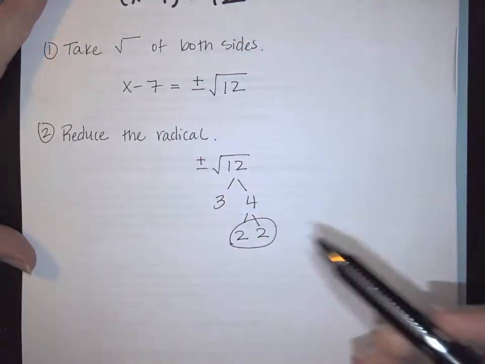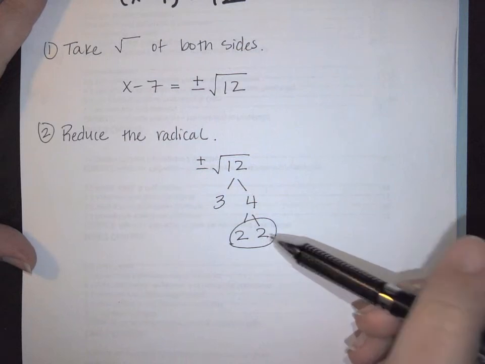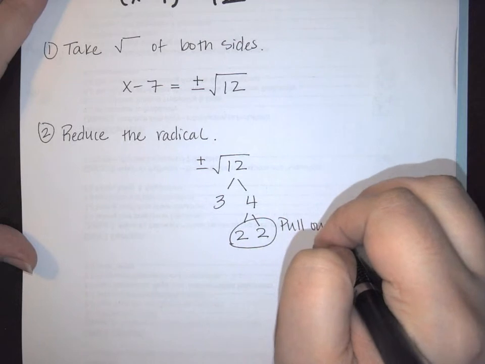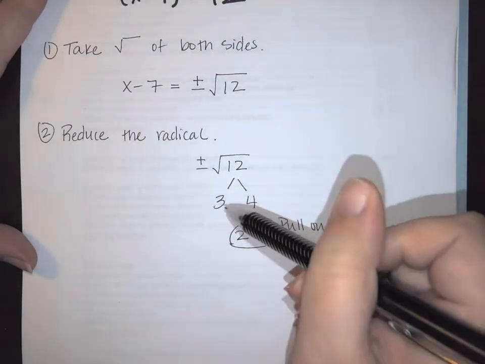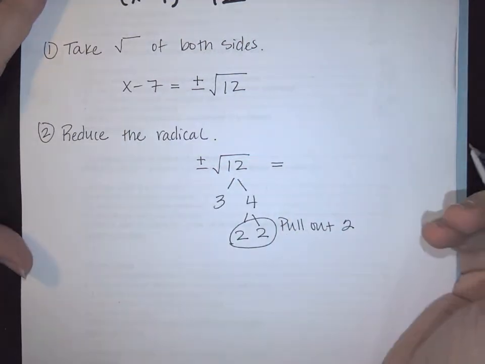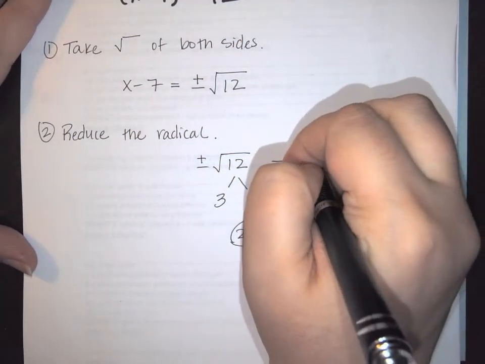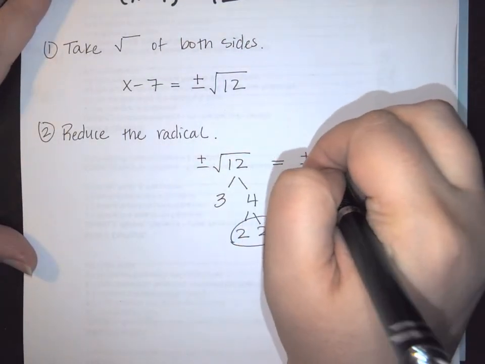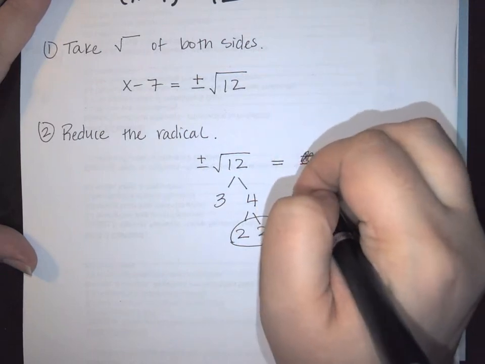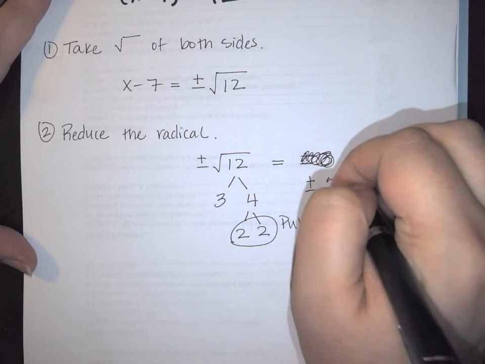There's my identical group of 2, so I'm going to pull that out. So I'm going to pull out the 2, and I've got a 3 left over. So my plus or minus square root of 12 is going to become plus or minus 2 square roots of 3.